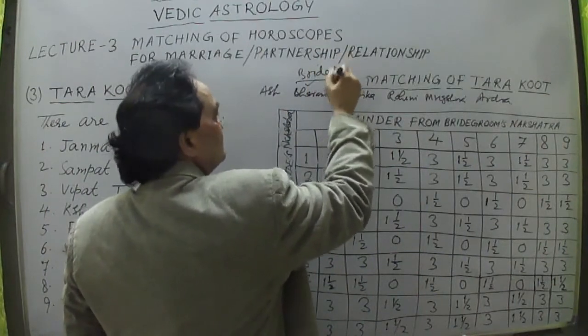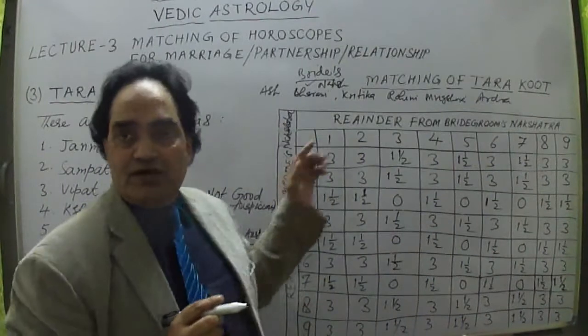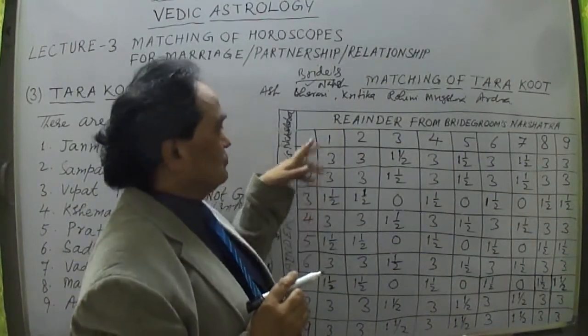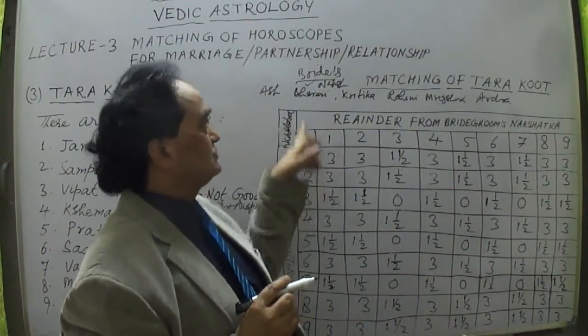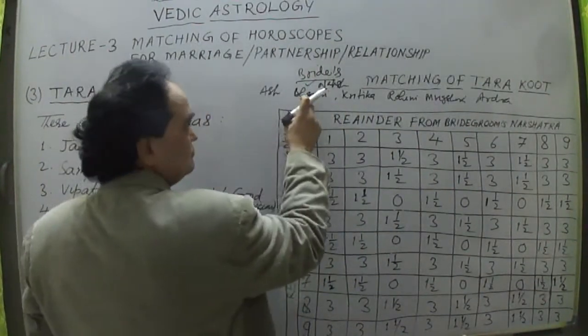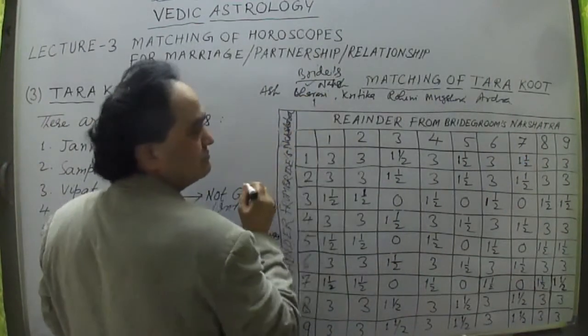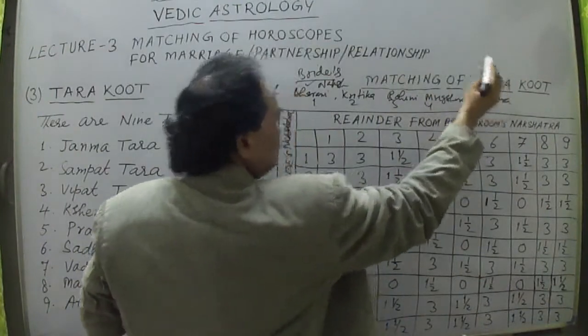This is the Janma nakshatra. From Bharani we have to count the first one, 1, 2, 3, 4, 5, in this way.